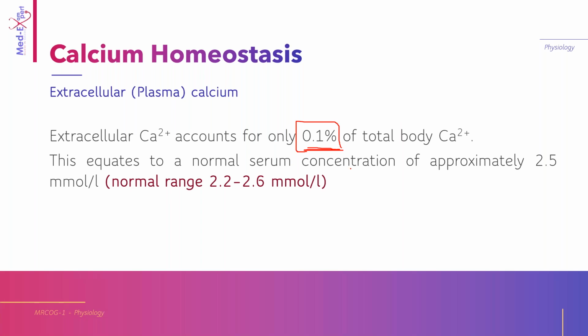This equates to a normal serum concentration of approximately 2.5 millimoles. The normal range is 2.2 to 2.6, but the average is about 2.5 millimoles per liter.